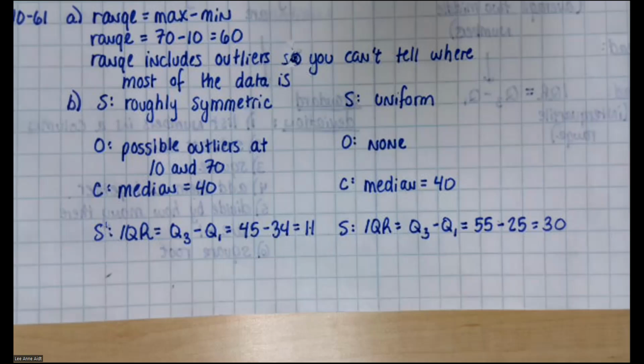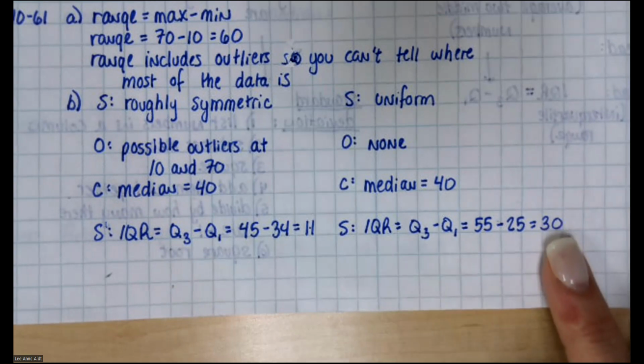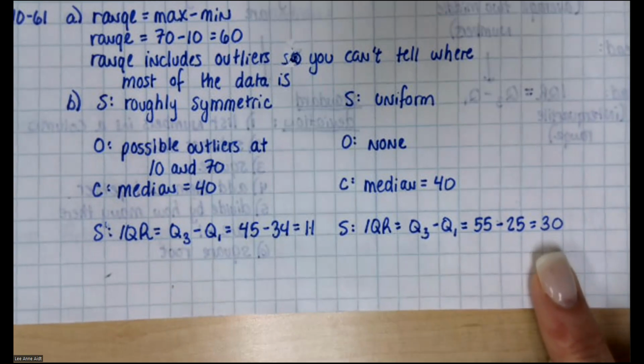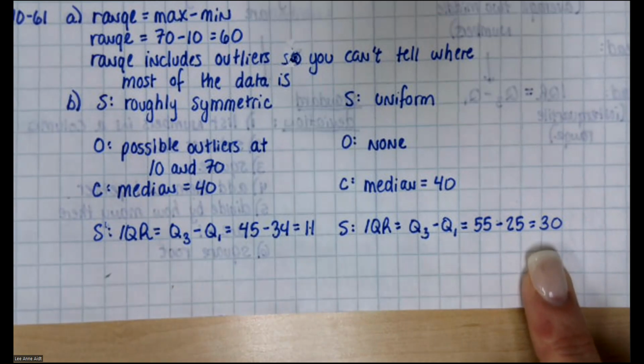Okay, according to the IQR, which set of data is more spread out, sugar W or sugar P? P, right, because the IQR is bigger at 30, which means it's got a greater spread, so it's more spread out.